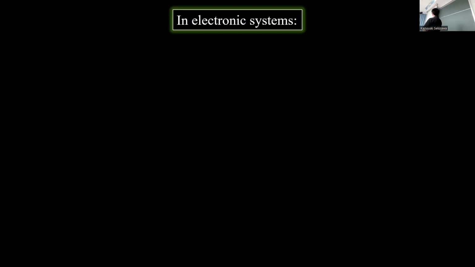Okay. Now I will explain, first of all, the difference between the electronic system and the nuclear system. Density functional theory has also been used in condensed matter physics, namely for the electronic system.